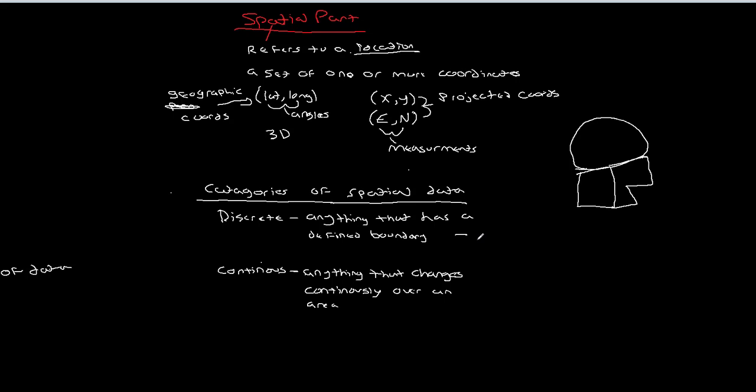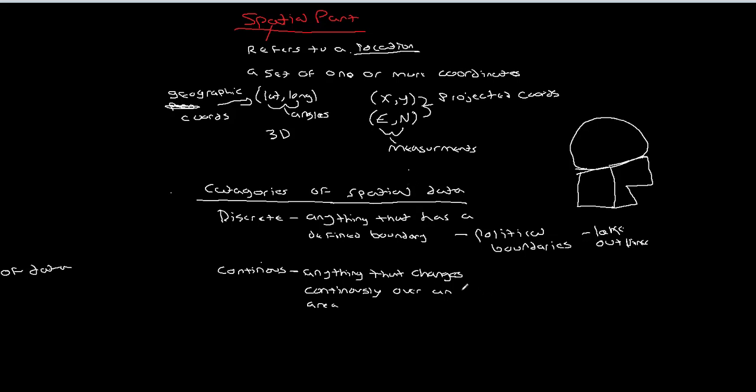Good examples are political boundaries, right? Things like building footprints, right? Lake outlines, right? Because if you think about a lake, it has a clearly defined boundary where the water stops.